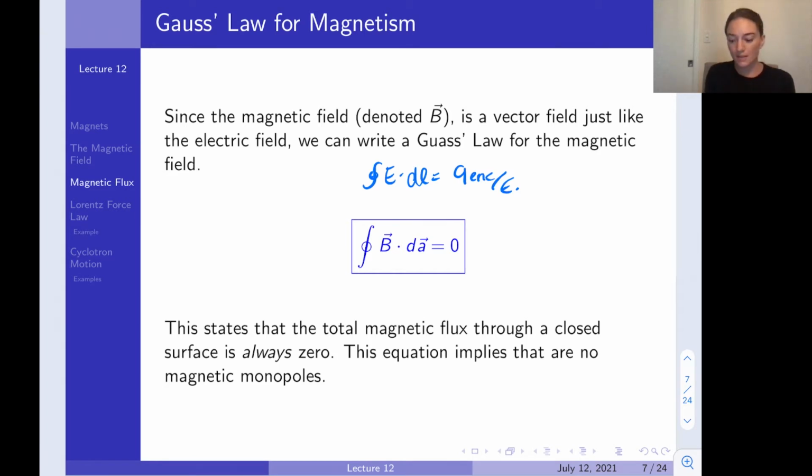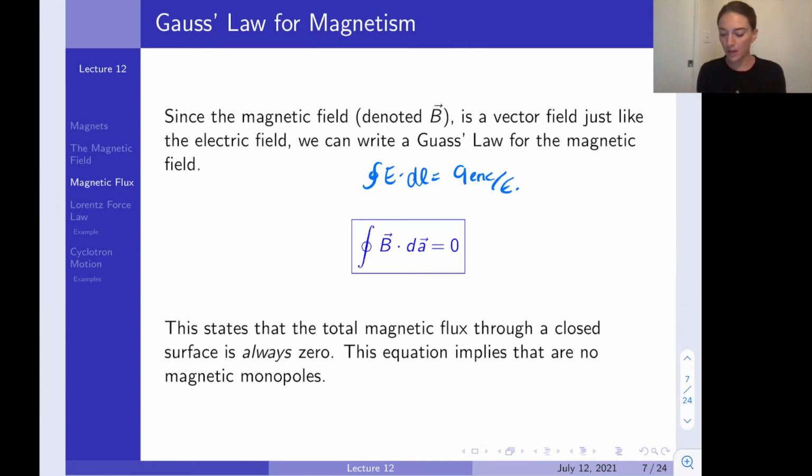But now for the case of the magnetic field, we don't have that Q enclosed anymore, and it's actually just equal to 0. So this equation tells us that the magnetic flux out of any closed surface at all will always be 0.